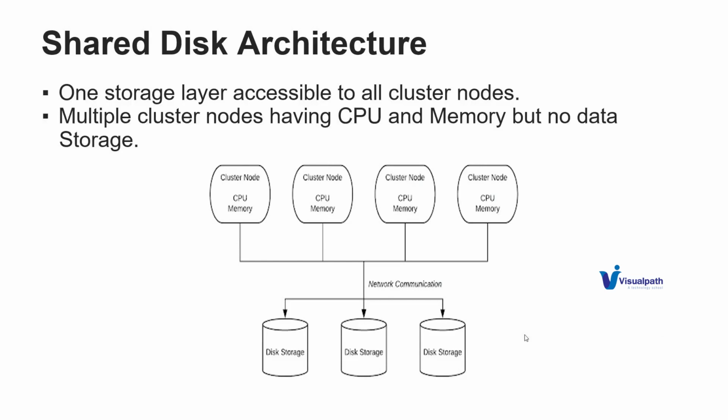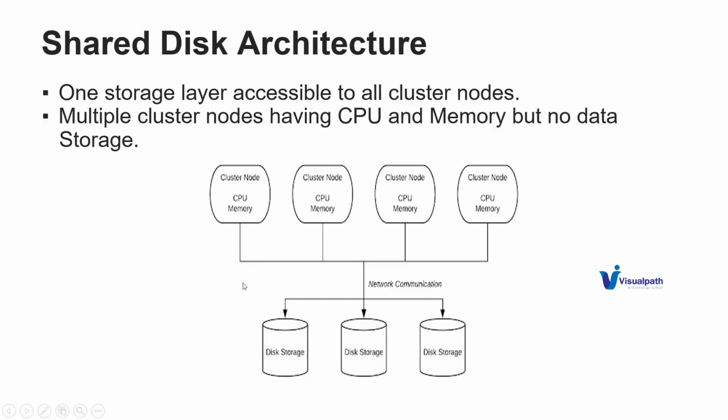In such situations, it will be very helpful. So if we foresee that kind of issue, then we can use this shared disk architecture. One storage layer is accessible to all cluster nodes. A cluster node is nothing but compute resources. Multiple cluster nodes have CPU and memory but no data storage.